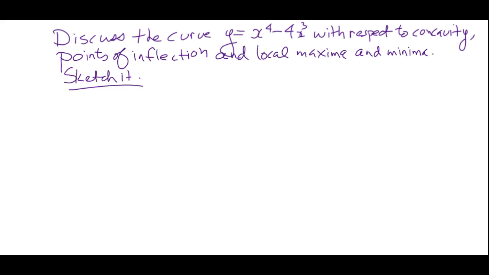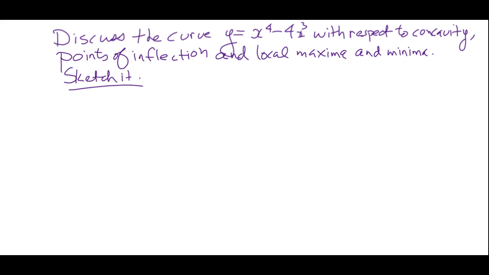We won't go through the whole rigmarole; we'll save that for tomorrow. So we've got the curve x to the fourth minus 4x cubed. We want to talk about concavity, points of inflection, local maxes and mins, and then see if we can come up with a sketch, and then we'll pop into Desmos and see if that's what it actually looks like.